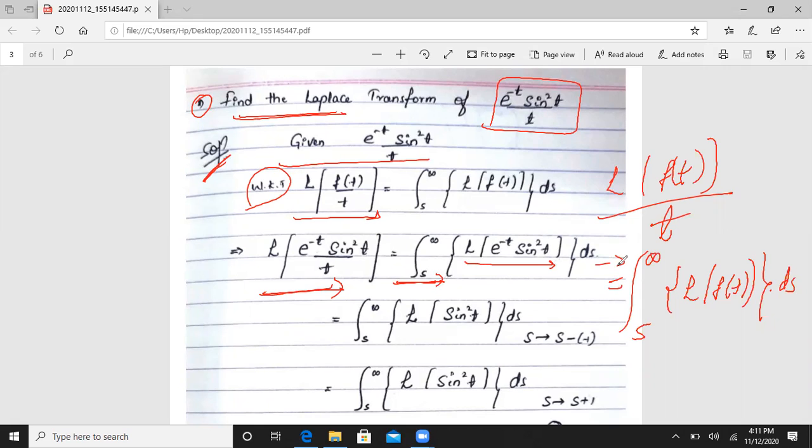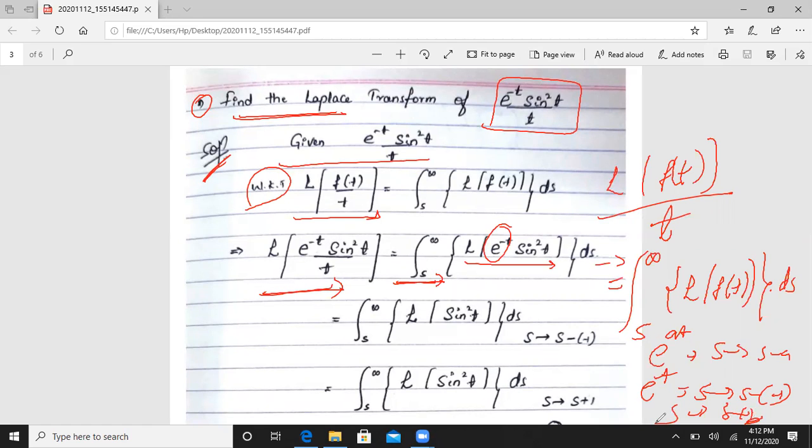Now we have one more function here, that is e to the power minus t. You already know that for e to the power at, s tends to s minus a. Here we have e to the power minus t, that is s tends to s minus of minus 1, that is s plus 1.